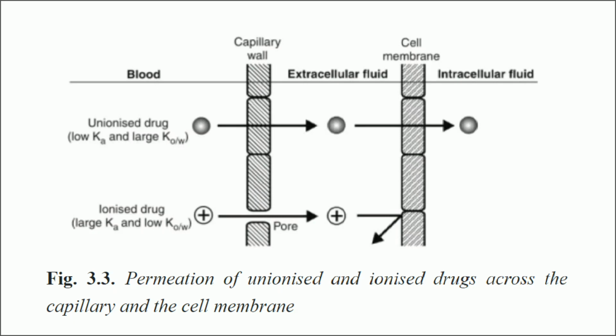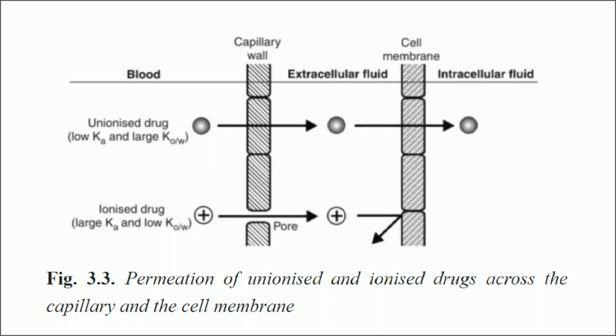Now this figure would help you to understand the movement of drug across the cell membrane. As you can see, the unionized drug with a large oil water partition coefficient can easily cross the capillary wall and the cell membrane, whereas the ionized drug can easily cross only the capillary wall.